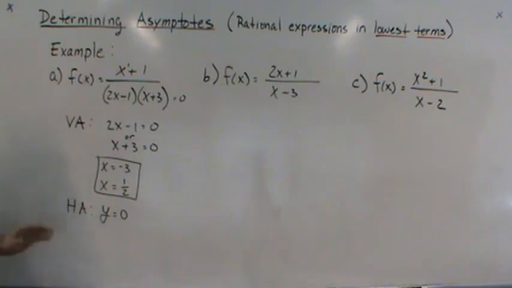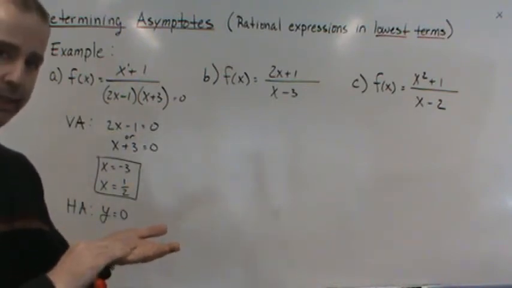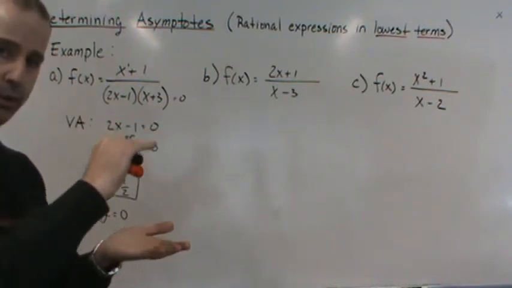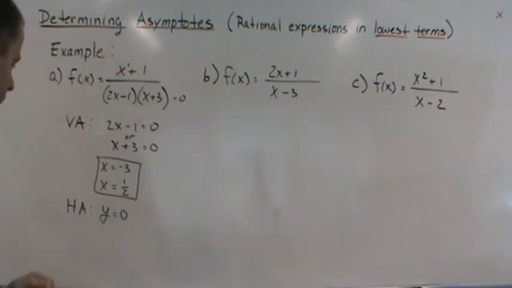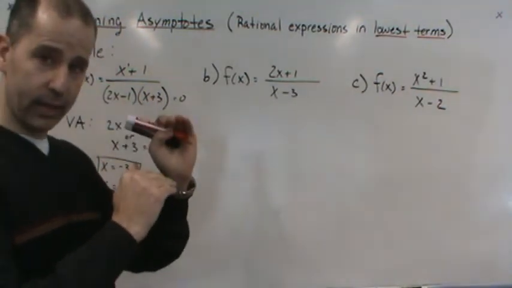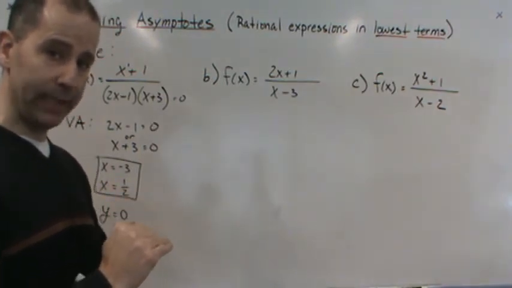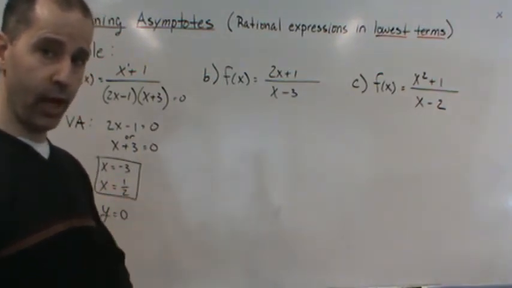And so at this point, we're done because there are no oblique asymptotes. Remember, oblique asymptotes only come into the picture if the degree of the top is 1 more than the degree of the bottom. Notice also that there will be either horizontal asymptotes, or an oblique asymptote, or none.